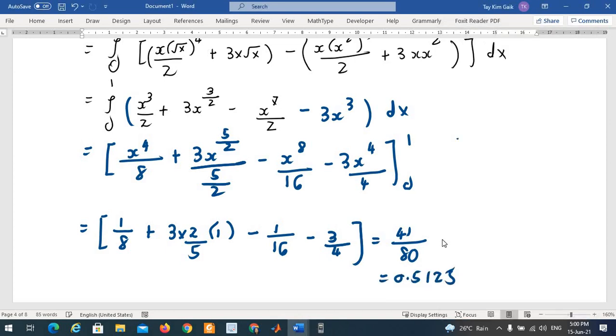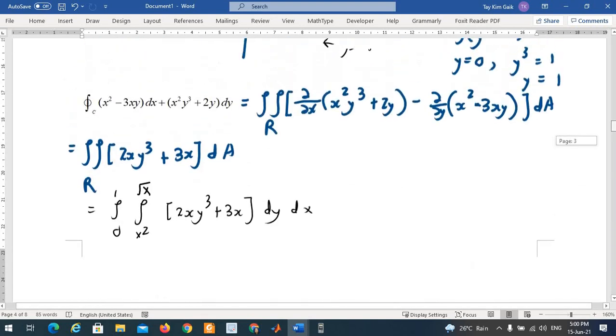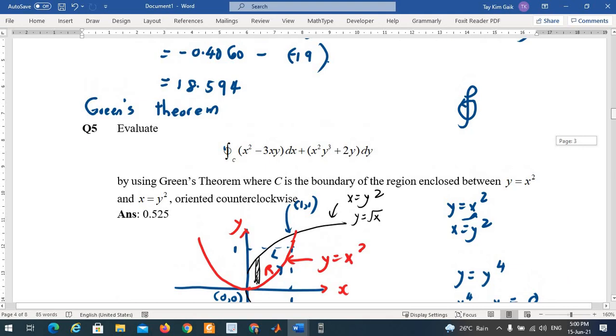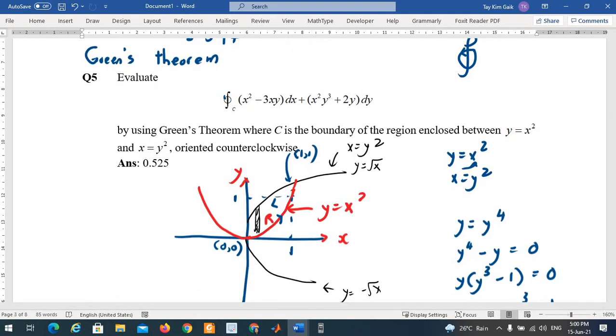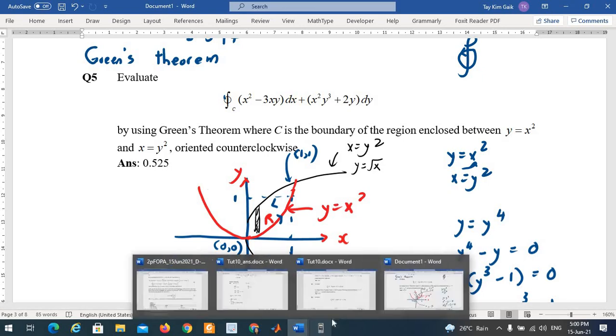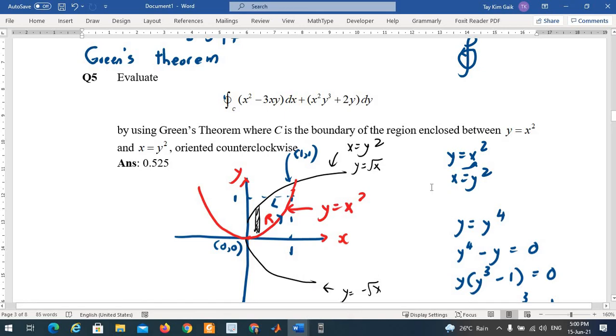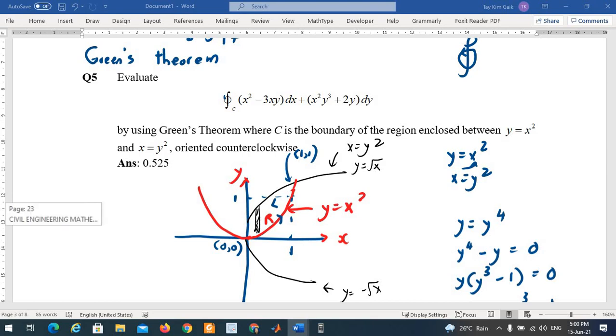Check whether the answer is correct. The answer is 0.525. I think there is a mistake. Whether I got the answer wrongly.